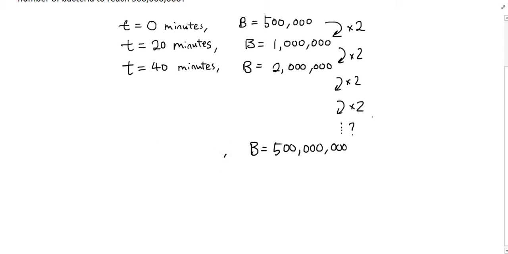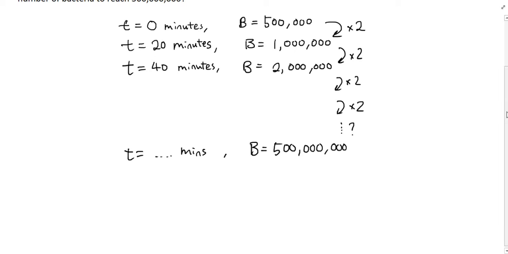And once we figure out how many times, we can easily figure out how many minutes, because we know that it doubles every 20 minutes. So if we know that we have to multiply it by 2 for 10 times, then we know that it's going to be 10 times 20, which is 200 minutes.